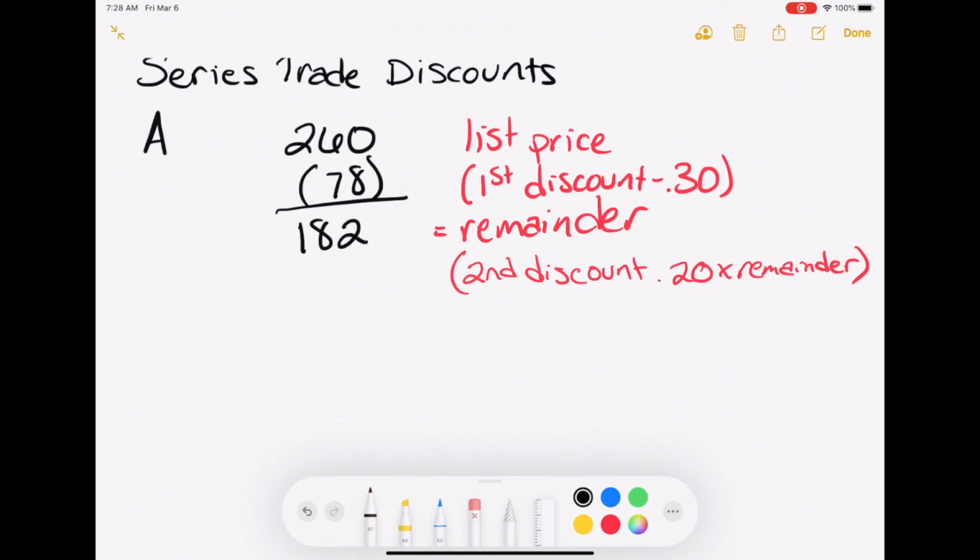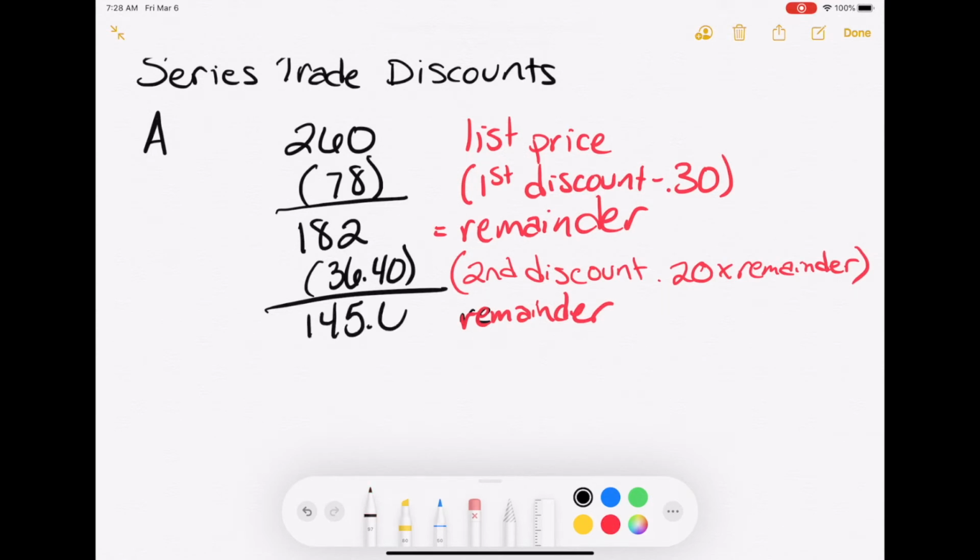So we will have 36.40. And we will have another remainder of 145.60.